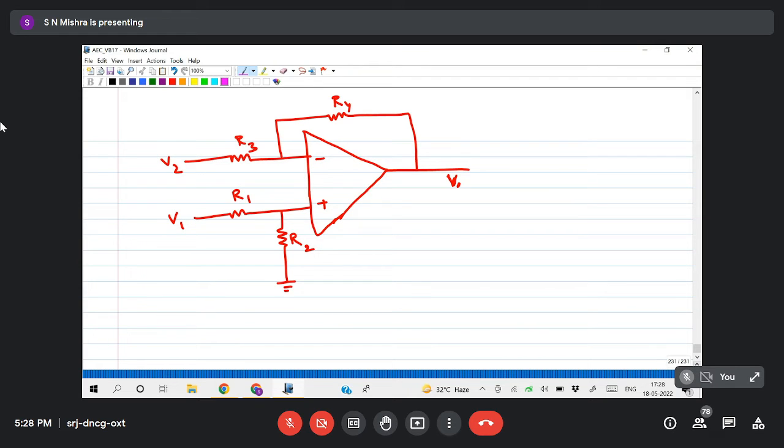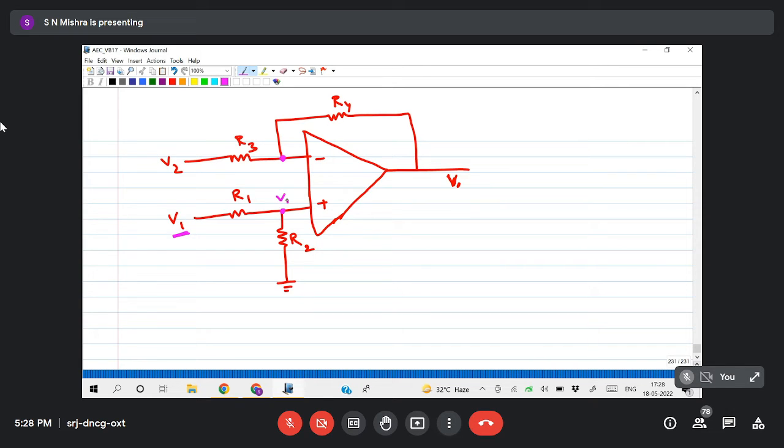In the previous three or four circuits, we were directly giving one terminal an input voltage, or we were grounding it. But here we are not giving any ground. In both terminals, we are giving some voltage, and that is not equal to V1, V2, because of the op-amp terminals. This is one terminal and this is another terminal, and giving V1 here means it is not the same as the potential.